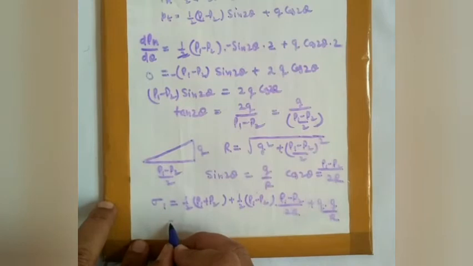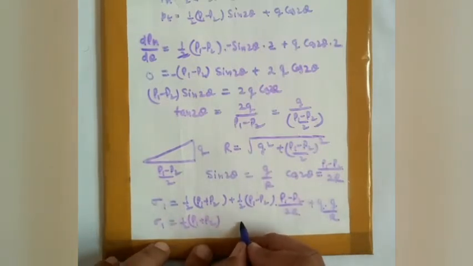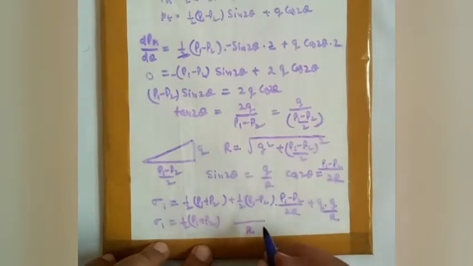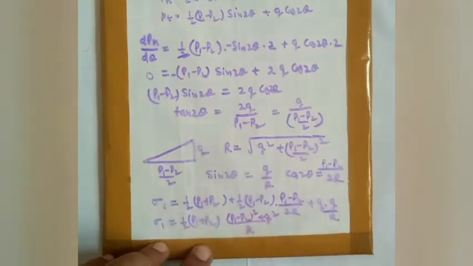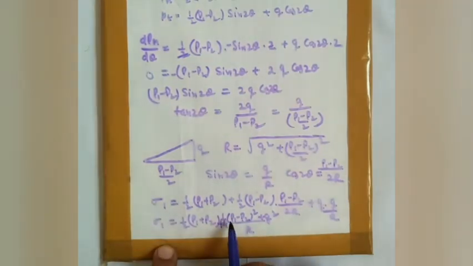Simplifying this, we get sigma 1 is equal to 1 by 2 (P1 plus P2) plus 1 by r times [1 by 4 (P1 minus P2) whole square plus q square]. Now 1 by 4 (P1 minus P2) whole square plus q square is nothing but r square. So r square by r, r is cancelled.